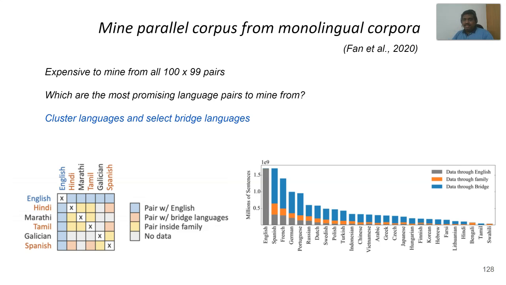But in addition, we can cluster languages by language families, and then within every cluster we would mine languages, because it's likely that these are languages which are in contact and they share some parallel corpus.